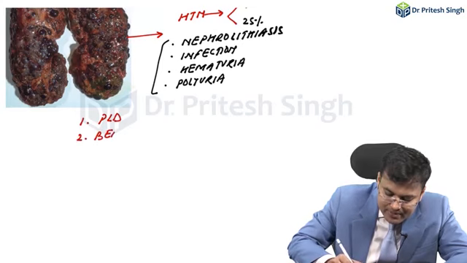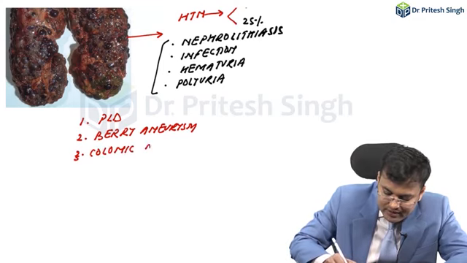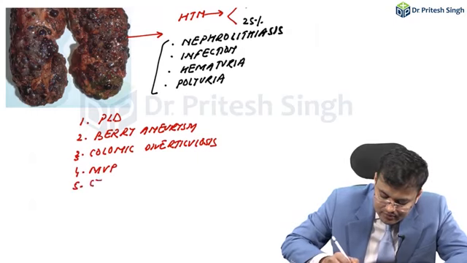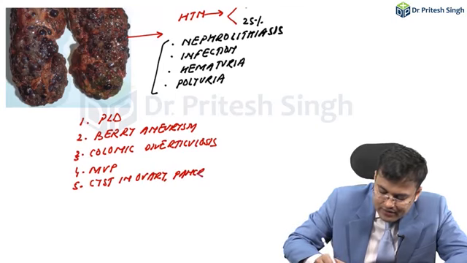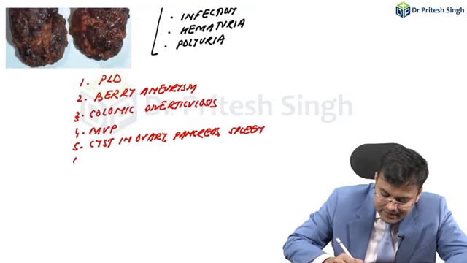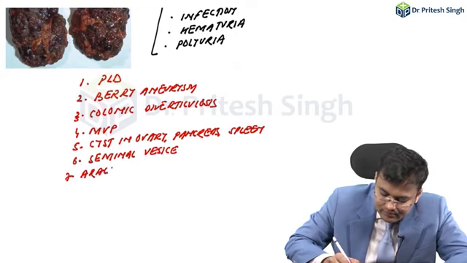Others are berry aneurysm, colonic diverticulosis, mitral valve prolapse, cysts in the ovary, pancreas, and spleen, cyst in the seminal vesicle, and arachnoid cyst.